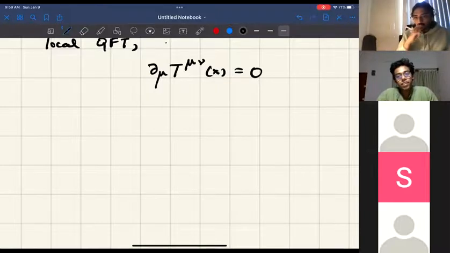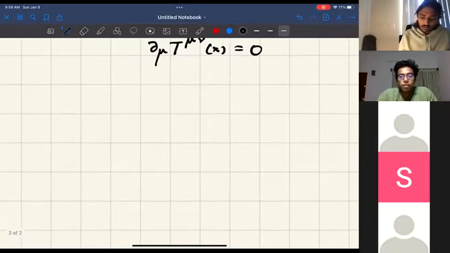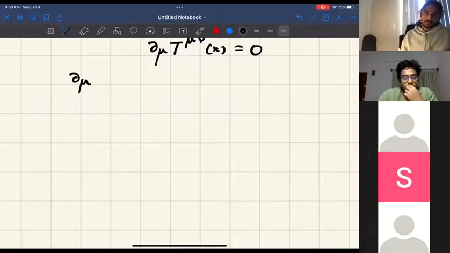So we can write the Ward identity for this, since it's the operator equation. And so Ward identity, if you remember from your QFT classes, it's a statement that's derived based upon global symmetries of the theory.